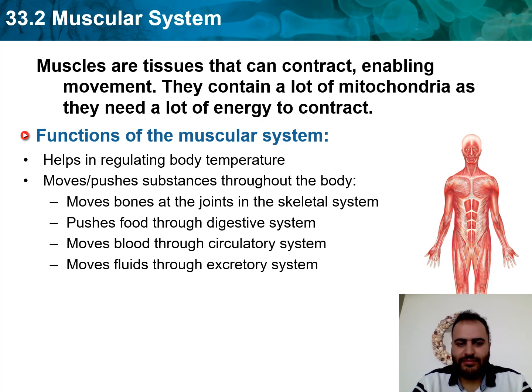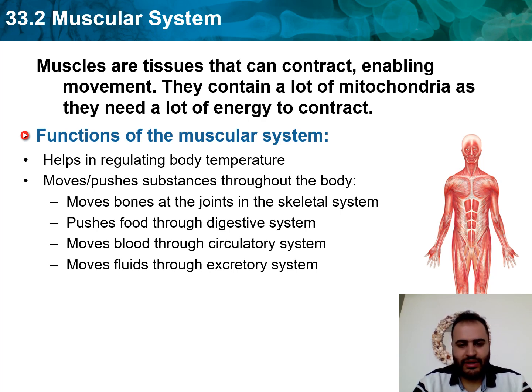So muscles help regulate body temperature by releasing heat, because cellular respiration releases energy, and part of this energy is used in order to keep the body warm. In addition, the muscles in your body, regardless of their type, move and push substances throughout the body.